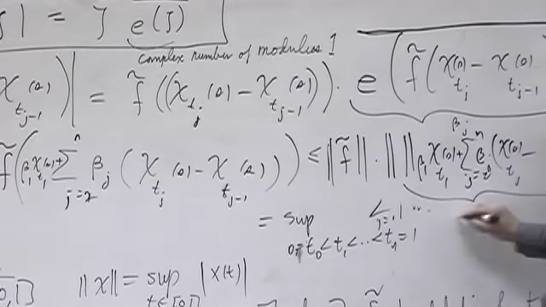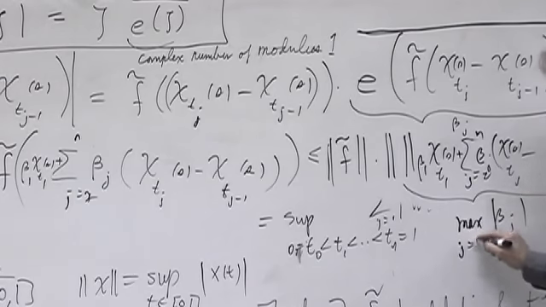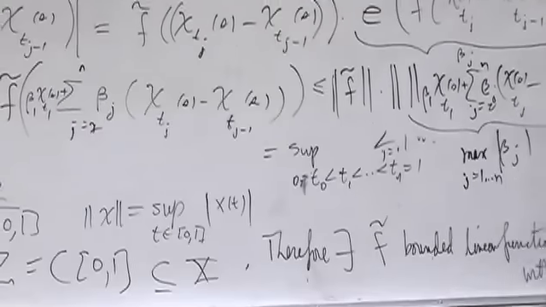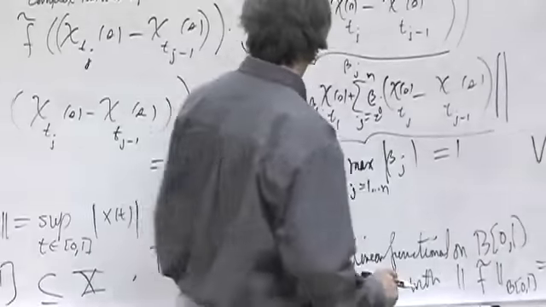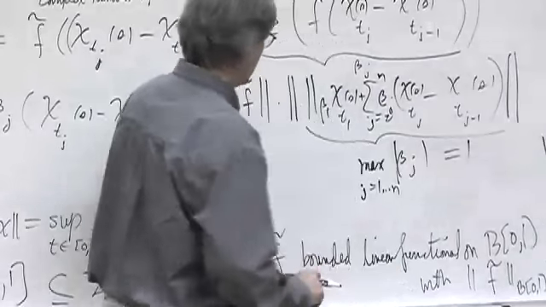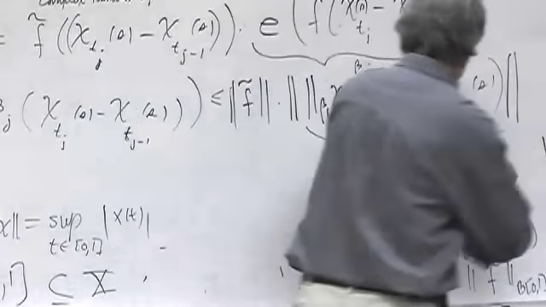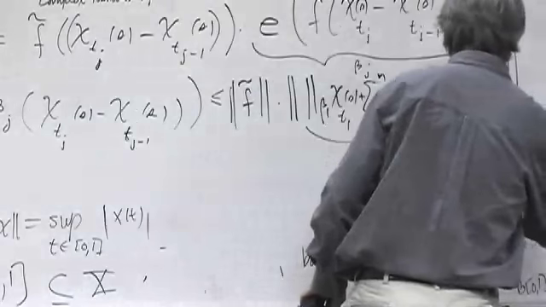If you want, you can say this is the max of the beta j in modulus, but all the beta j's are equal to 1 in modulus. So this is exactly 1 in this computation. Equals the max of 1, equals 1.